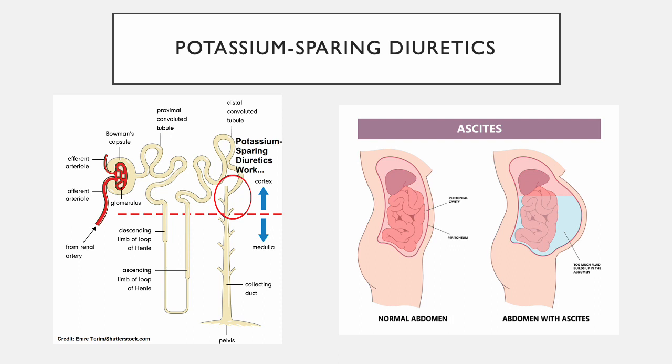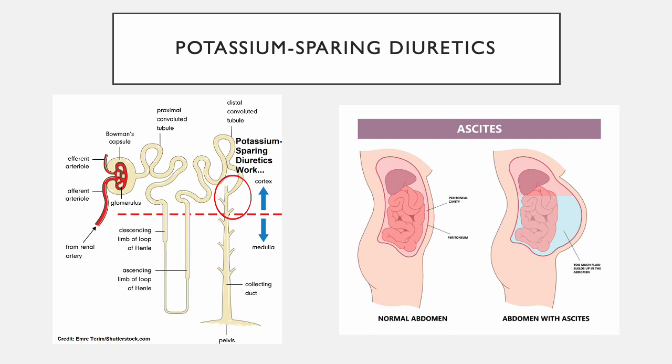Contraindications are going to be hyperkalemia because we're holding onto our potassium, severe renal failure, and anuria. And anuria means no urine output because when you have a word with a in front of it, that means without.